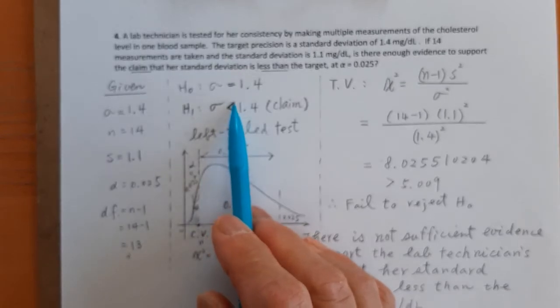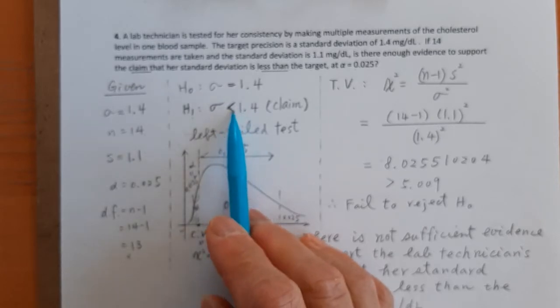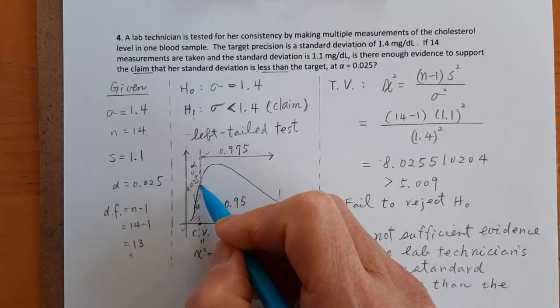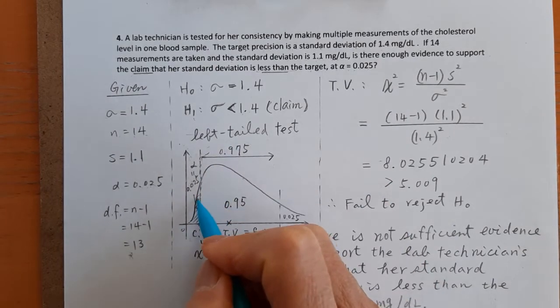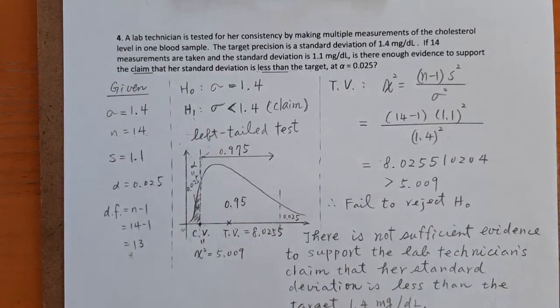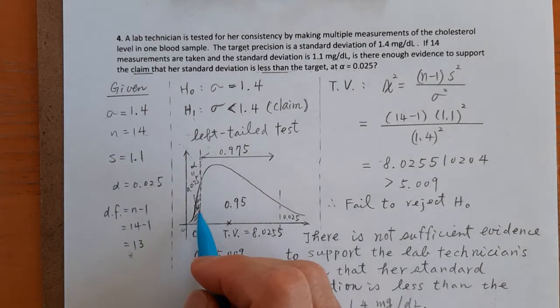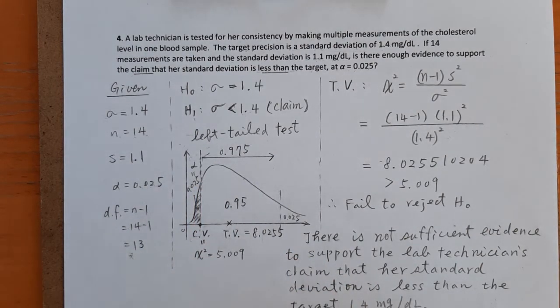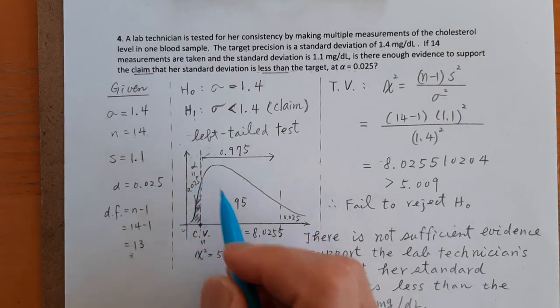Less than means the alpha 0.025 totally goes to the left tail. This left tail is 0.025.